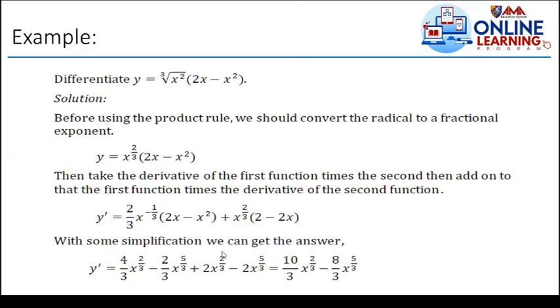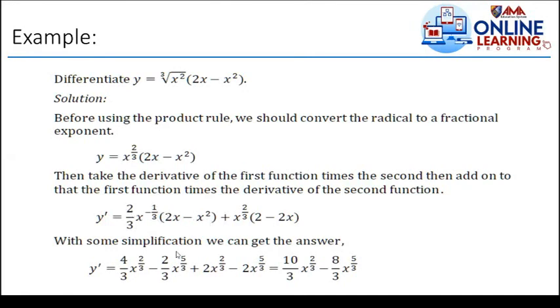So, for example, if we're going to simplify this one, 2 times 2, we have 4, no? So, 4/3. Then, x raised to negative 1/3 multiplied by 1 or plus 1. So, we have 2/3, x raised to 1/3, we multiply this.